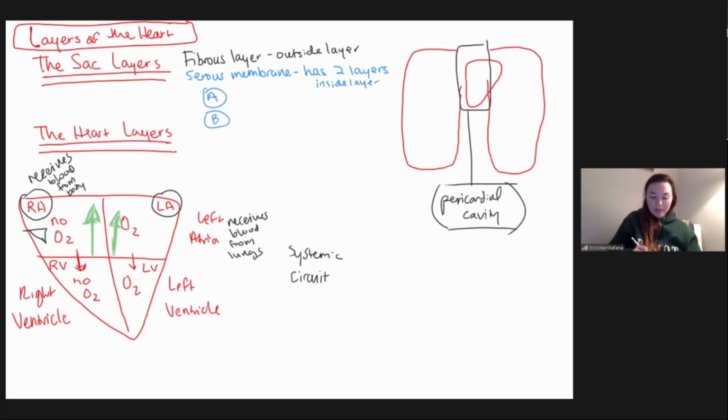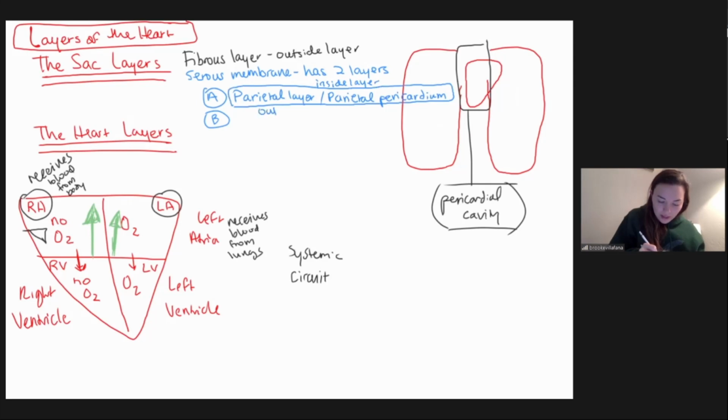So the outside layer of the serous membrane is called the parietal layer, okay? And again, just to be clear, also called the parietal pericardium. You guys remember learning about the pericardial sac, right? So the parietal layer, or the parietal pericardium, is the outside layer of the serous membrane.